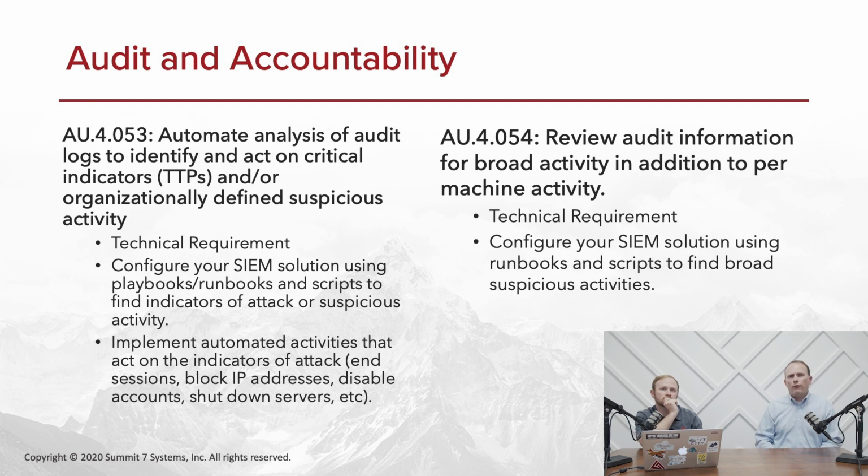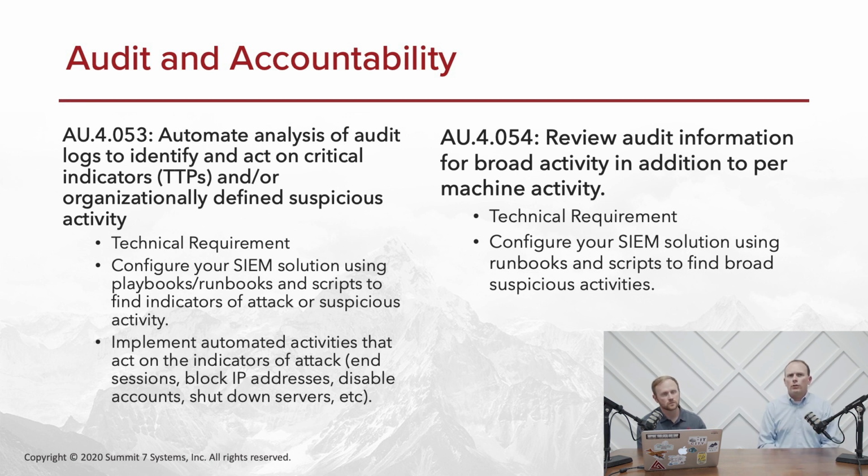And so with .54, that's a little bit different. Whereas in .53 we may be looking at individual machines, individual IP addresses, and the logs coming off of those, at .54 we're trying to back off a little bit, go to the 5,000 foot view, and see where, okay, maybe 10 of my machines have been hit with this kind of technique, and what am I going to do to now mitigate that across my entire network rather than just mitigating it on a single server, right?